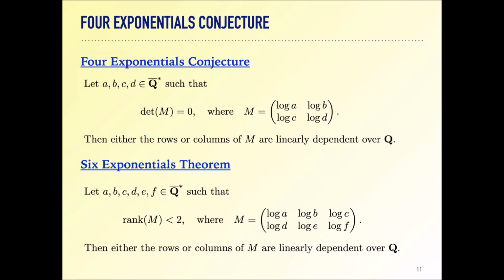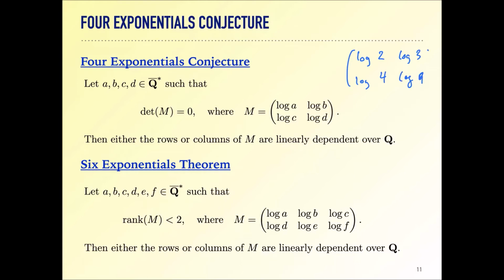Then the conjecture is that either the rows or the columns of this matrix are linearly dependent over Q. Of course, they're linearly dependent over C because that's linear algebra, but the conjecture is they're linearly dependent over Q. Okay, right? So there's a silly way to make a matrix whose determinant is 0. I can do that right away.